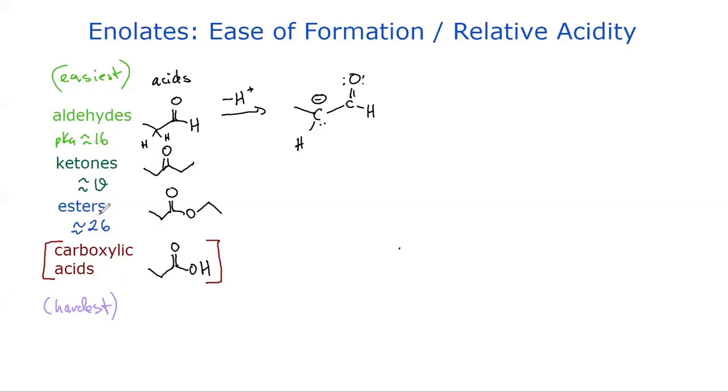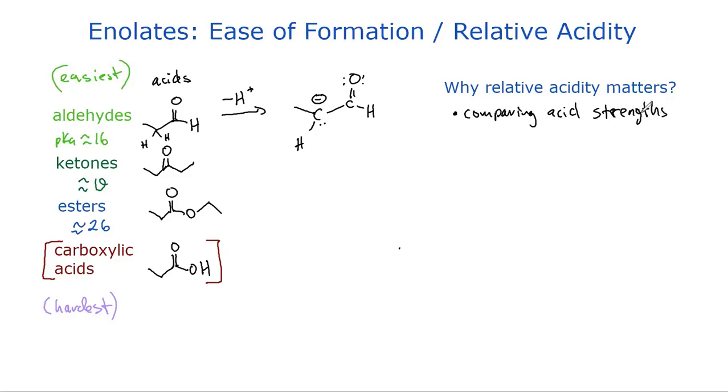This is an important consideration for several reasons. One would be as an exercise in comparing acid strengths, which we did in the last unit. Another will be to consider which of several compounds makes the best enolate.